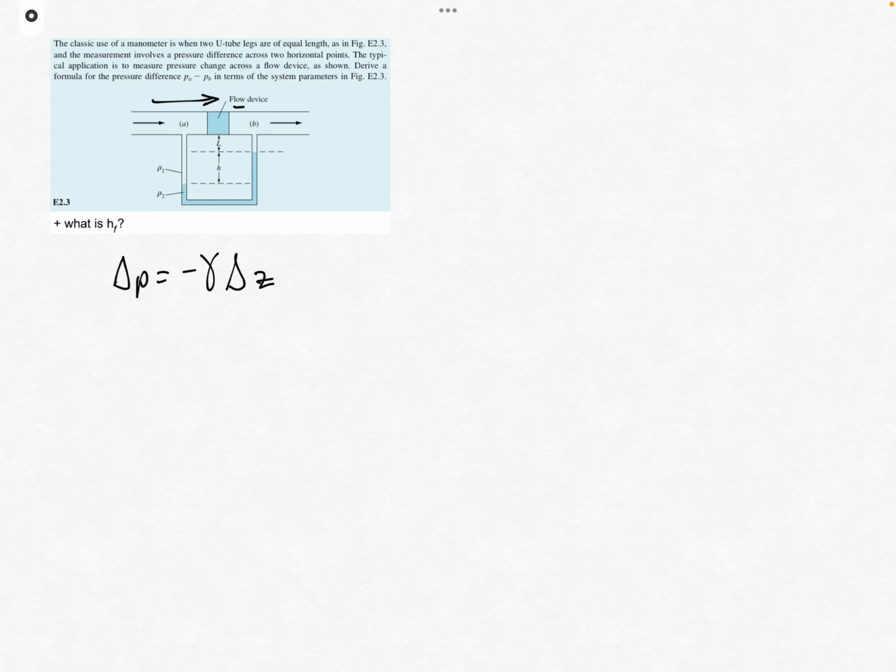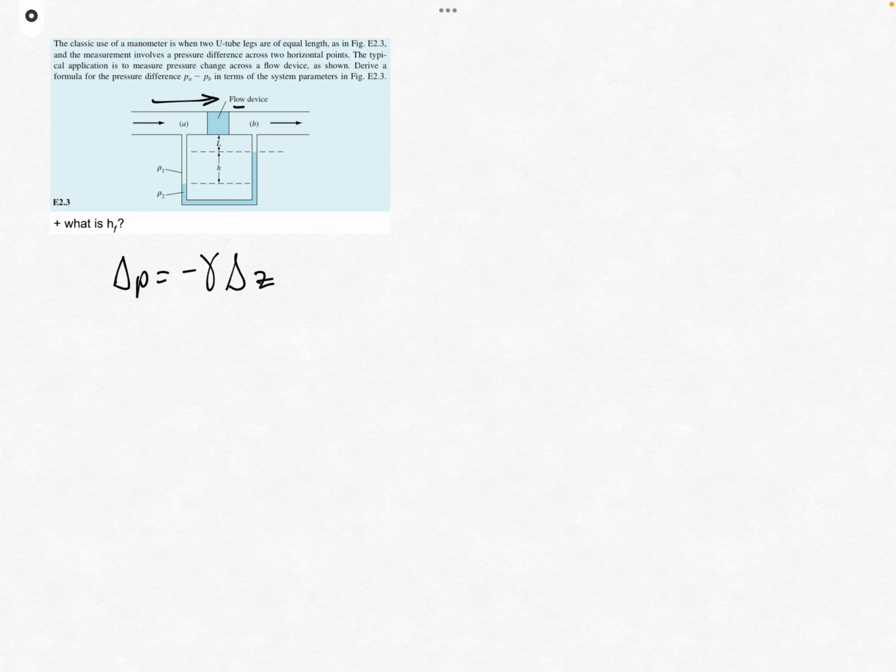So we don't have any flow going on within the manometer itself, assuming that we've reached steady state and everything has settled out. In that case, we can use delta P equals minus gamma delta Z sequentially to solve this kind of problem.